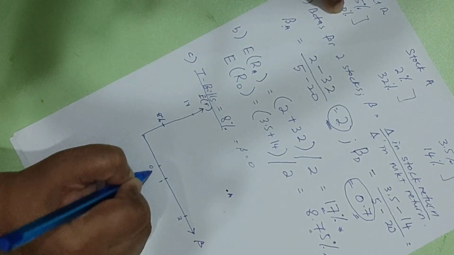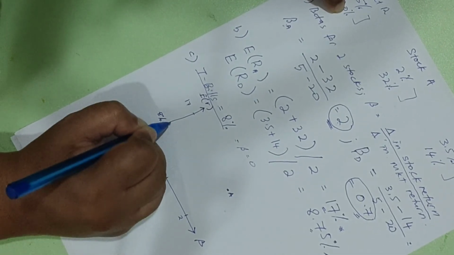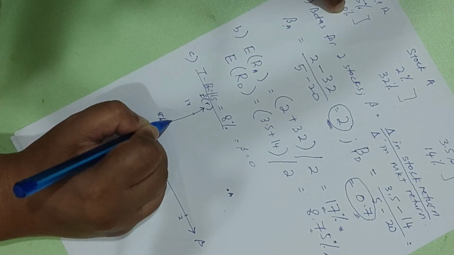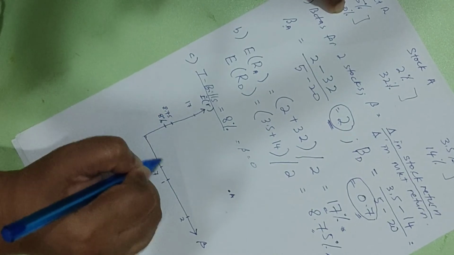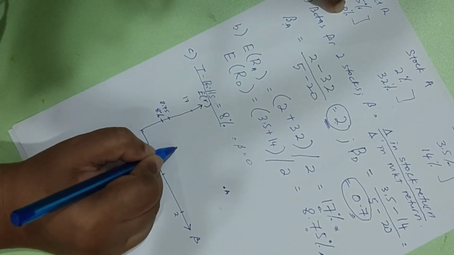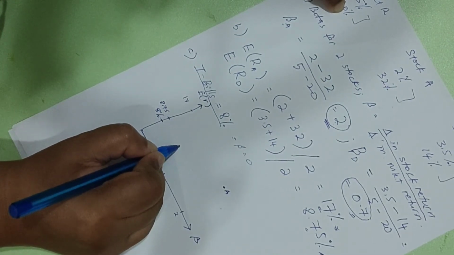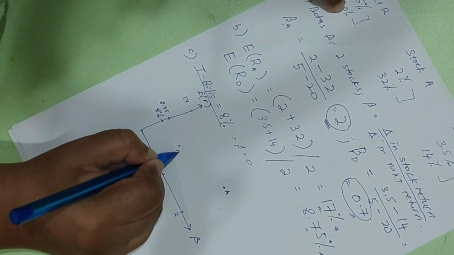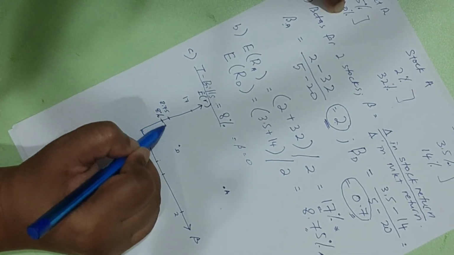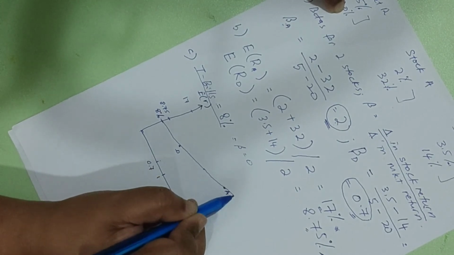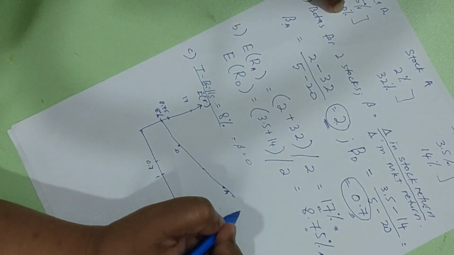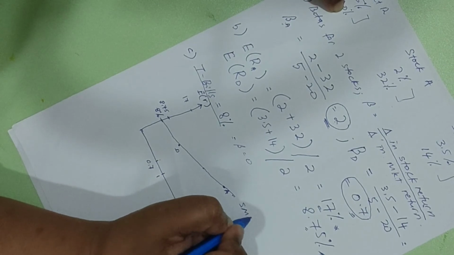This is 1, 0.7, and here is 8.75. So it's here, D. Basically here's the plot of your SML.